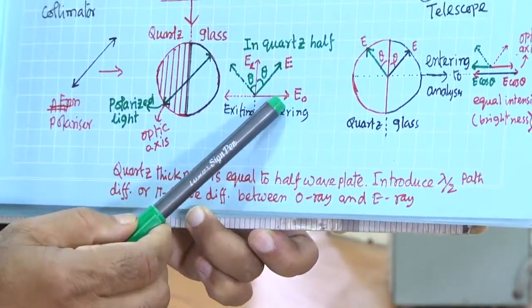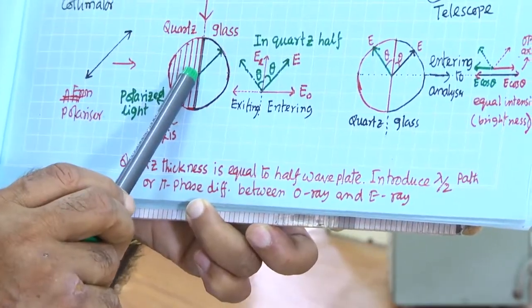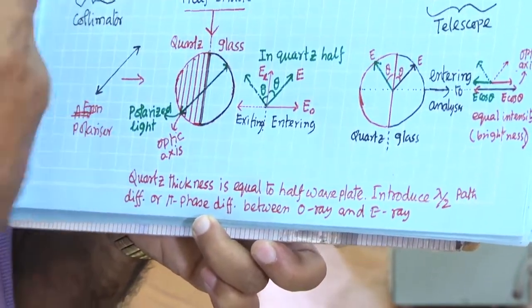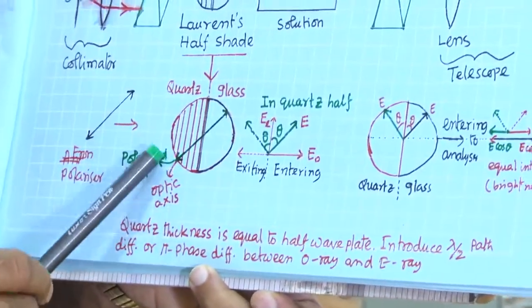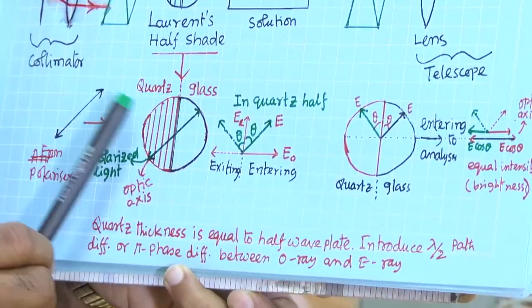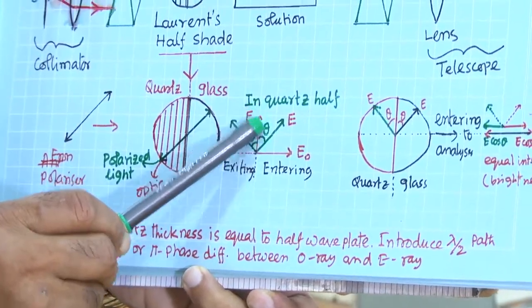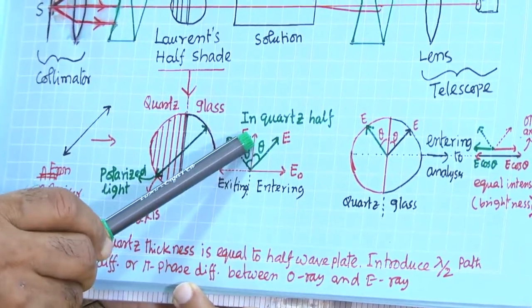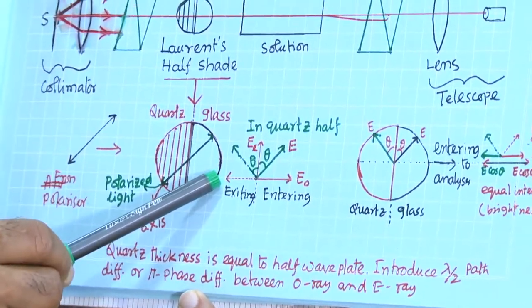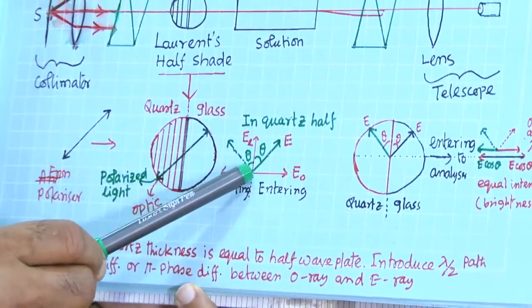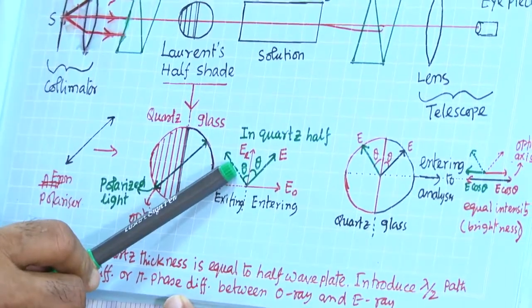So this will change direction after coming out of the plate. One component, the E ray, is this component when it is coming out, and the other component will be this, so the resultant you will get is this one.